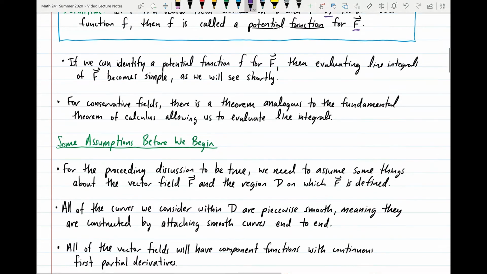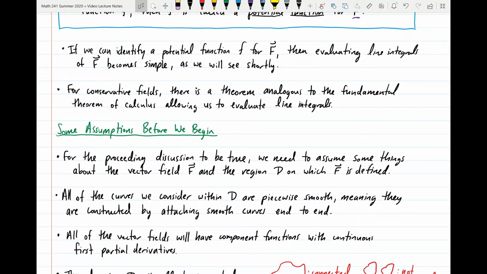So remember that the fundamental theorem of calculus, or I think part 1 of the fundamental theorem of calculus from Calc 1, was that if we have a definite integral from a to b of some function f of x dx, then we can evaluate that definite integral by finding antiderivatives of f.